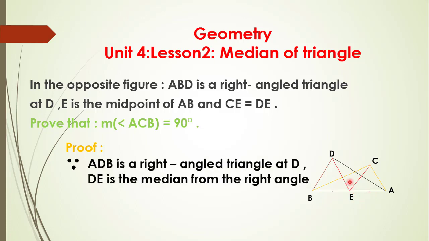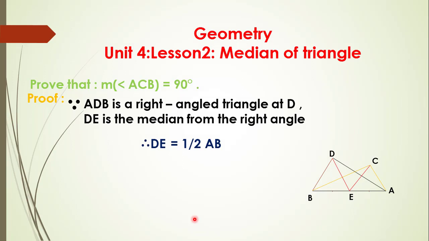It means that DE is a median from the right angle, so the length of DE will be half the hypotenuse. So DE equals half AB.